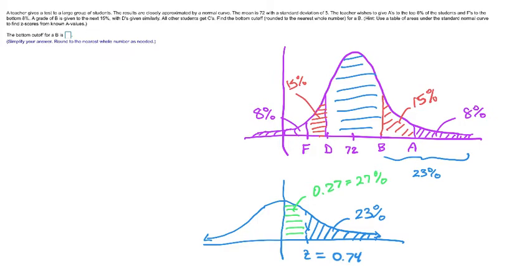Now we can actually use our z-score function to go back to our x value. So remember that our z-score function is going to look something like z is equal to x minus mu over sigma. So in this case, again, we've got a z-score of 0.74, and the x value is what we want to know. We're told that the mean is 72 and our standard deviation is 5.